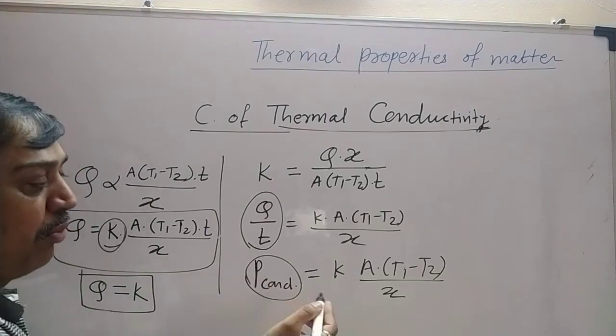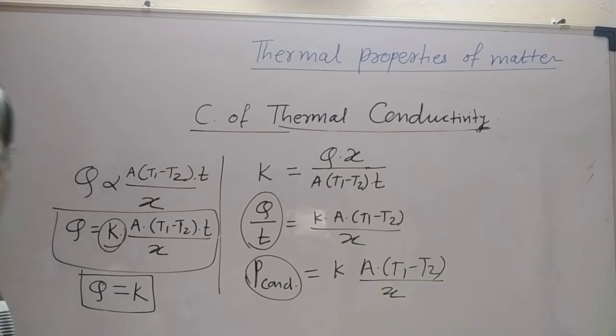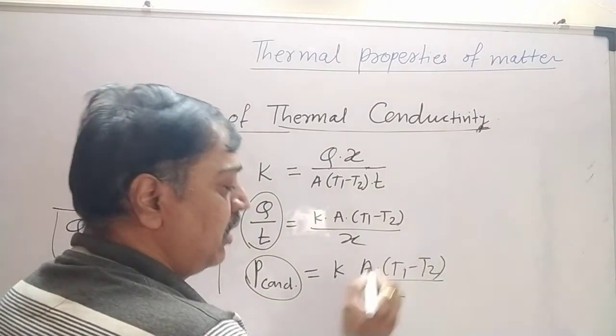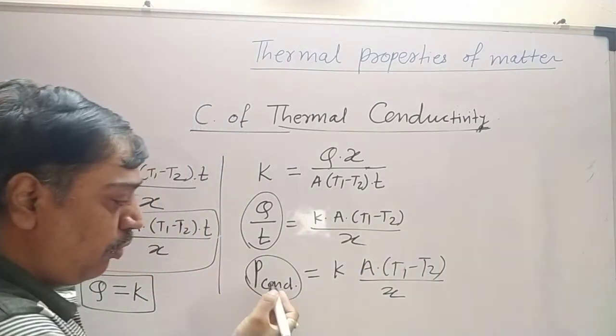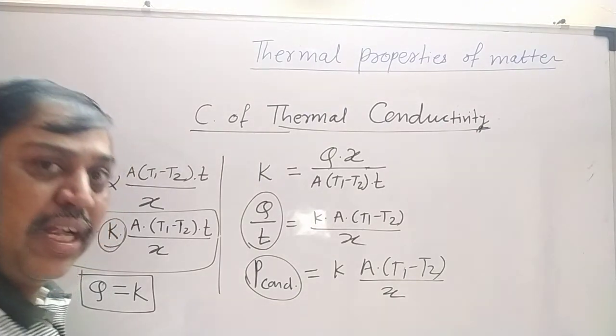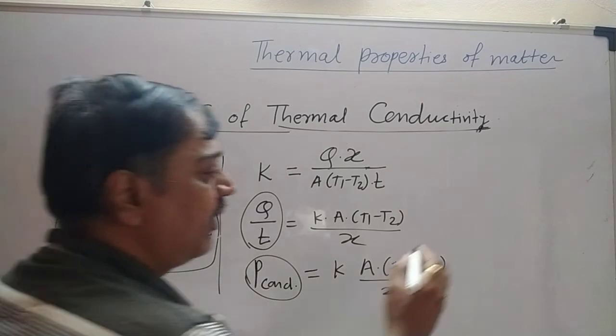So this formula can get modified further. The unit of the coefficient of thermal conductivity can be modified and written in watt. From this formula, if you find K again, K equals this into X divided by A into (T1 minus T2), and accordingly you can find the unit: watt per meter per degree Celsius.